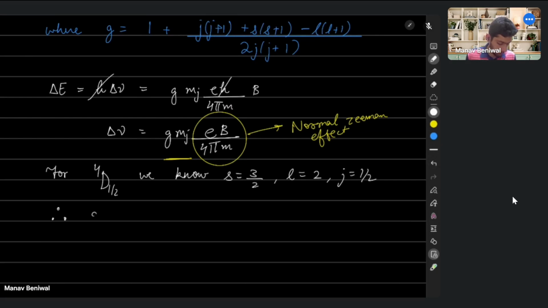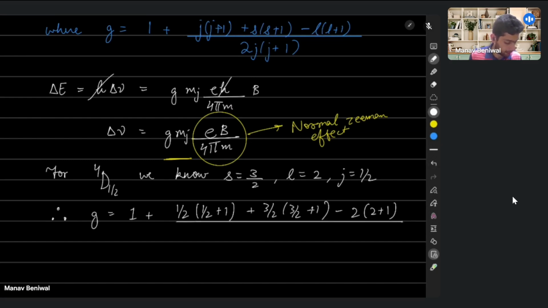Therefore, if we calculate G, it will be 1 plus half times (half plus 1) plus 3 by 2 times (3 by 2 plus 1) minus 2 times (2 plus 1), and divide this thing by 2 into half times (half plus 1). Okay, this is the value of G that we will get.